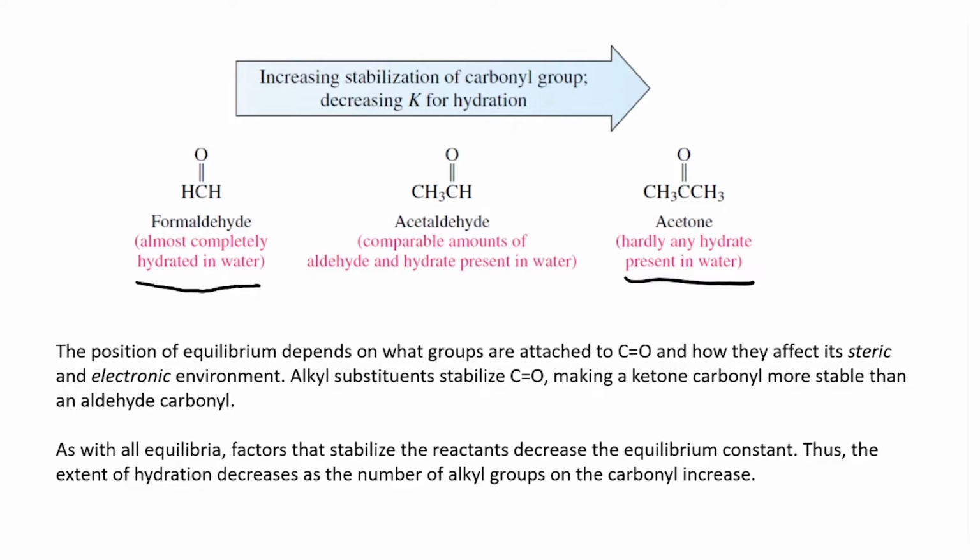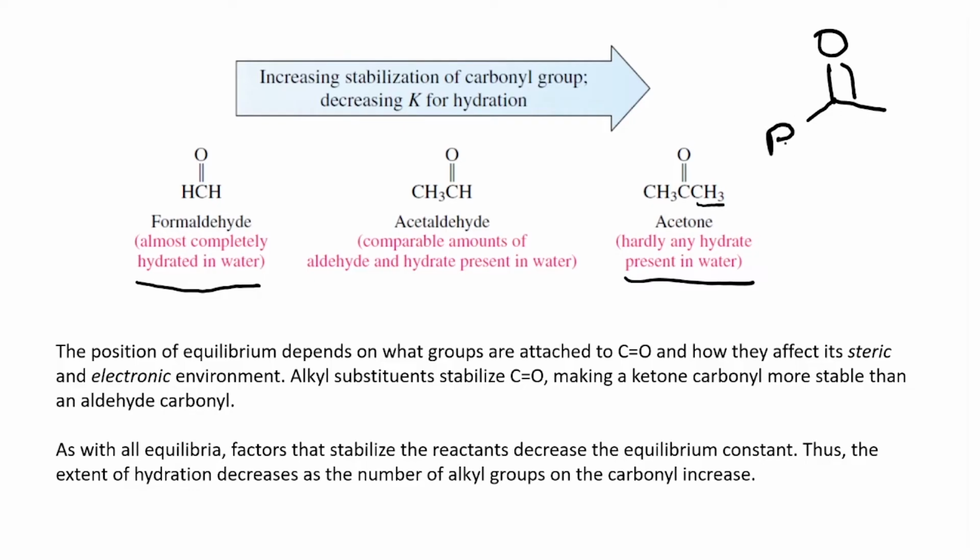So, like with many other effects, this depends on both sterics and electronics. The alkyl substituent, as you might have studied earlier, stabilizes the carbonyl compound, and therefore the position of the equilibrium can be altered by adding more alkyl groups on this position.